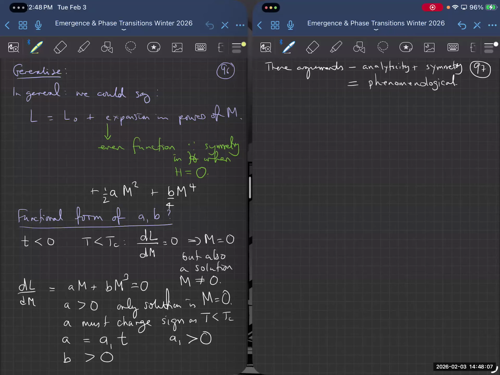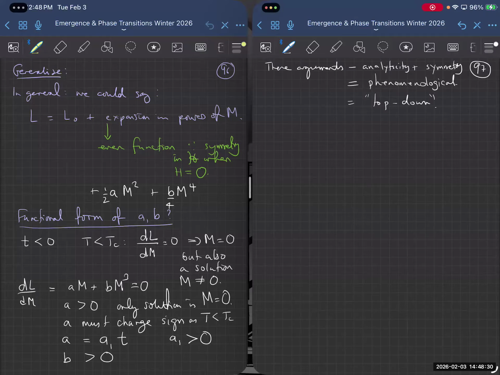I'll take your question in a second, Andrew. We think of this as a sort of top-down way of making a theory, because just like our 10-second theory that we did in the first lecture in class, this is a theory where, without knowing anything about the microscopics, without even doing any calculation, you can already construct this free energy.